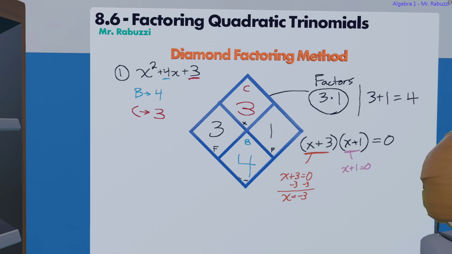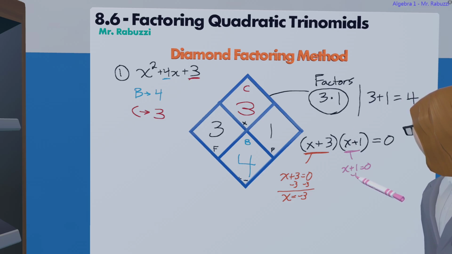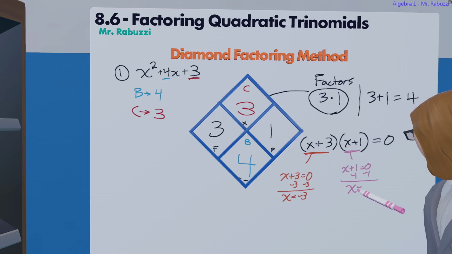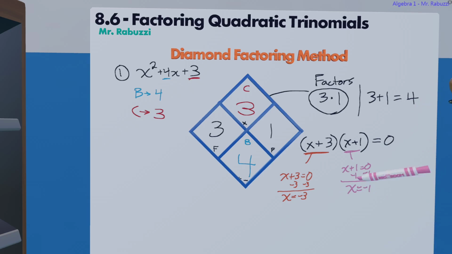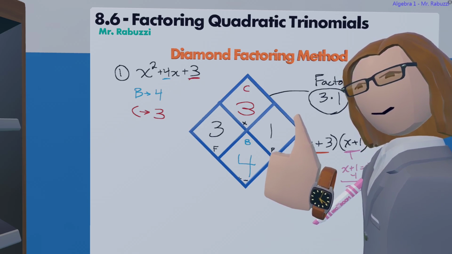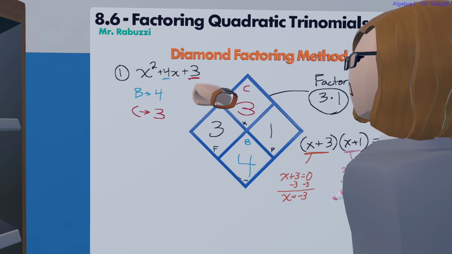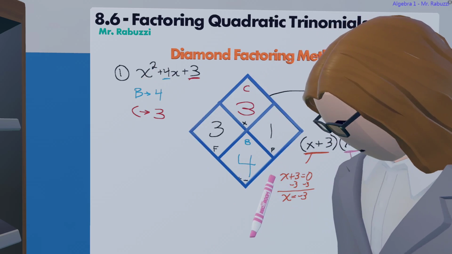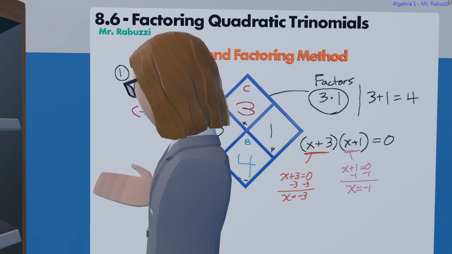On the pink factor, we do -1, -1, and we get x equals -1. We got two different answers. Uh-oh. No, that's okay. Because it's x squared in our starting trinomial, we can have two answers. We usually have two answers, actually.